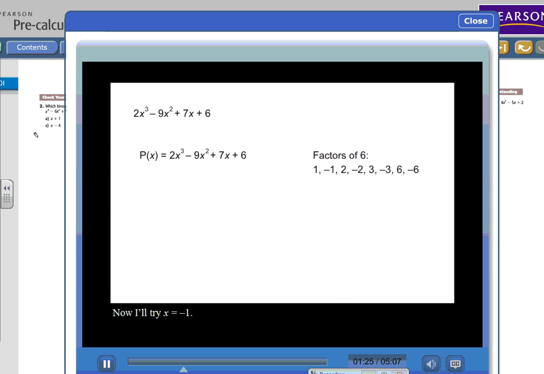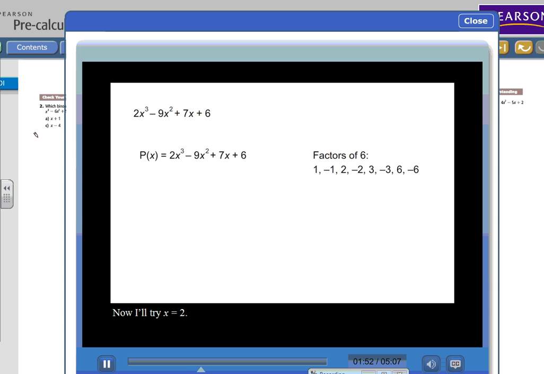Now I'll try x equals negative 1. Negative 1 cubed is negative 1. Negative 1 squared is 1. So that's negative 2 minus 9 minus 7 plus 6, which is negative 12. Since p at negative 1 does not equal 0, x plus 1 is not a factor of p at x.